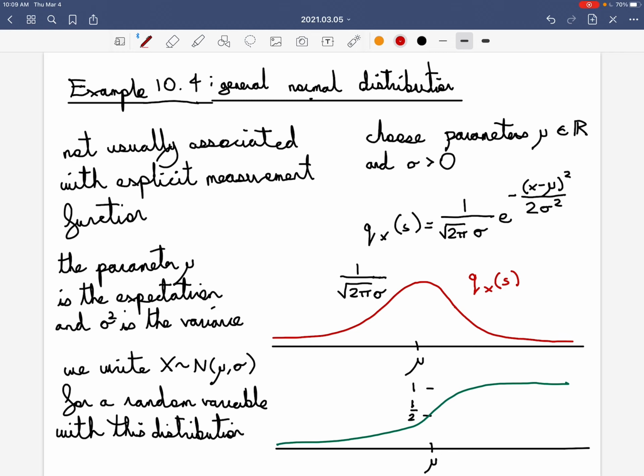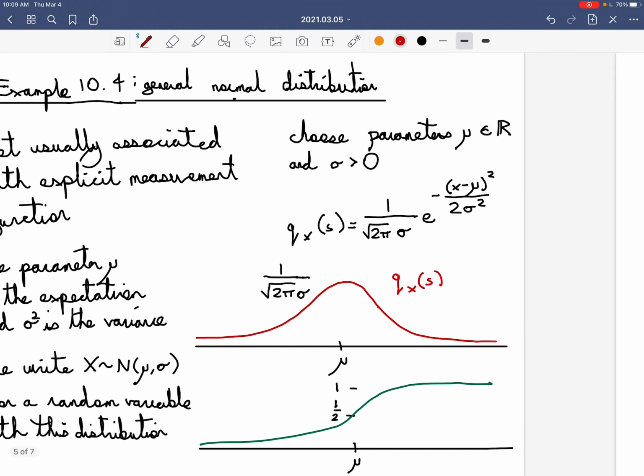And in that case, you have very low variance. And if you choose a really large value of sigma, you'll have a shallow, flat bell curve with a wide base of support, and in that case, you'll have a very high variance.